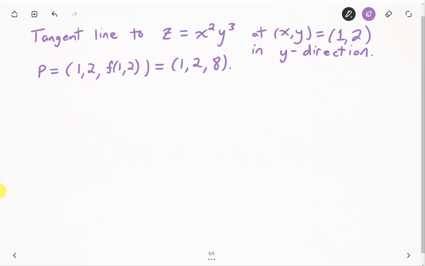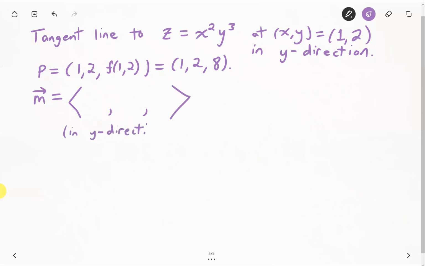Next, we need to calculate the slope vector in the y direction. Again, this time we're going in the y direction. What happens to x, y, and z as we're changing y? How much do each of those values change? And so in this case, remember, this is the slope in the y direction.